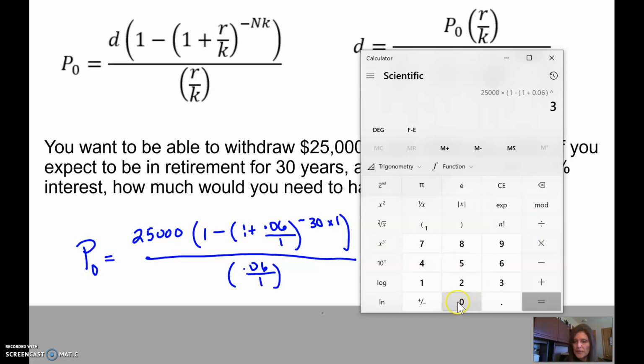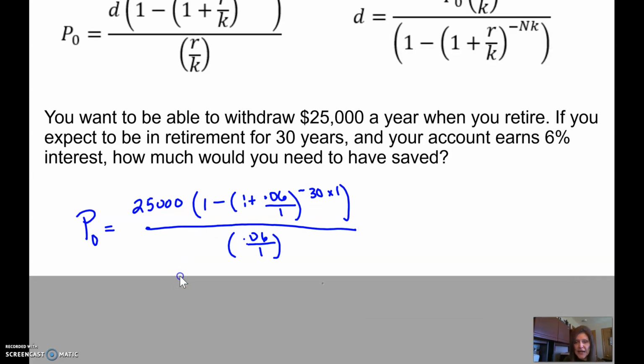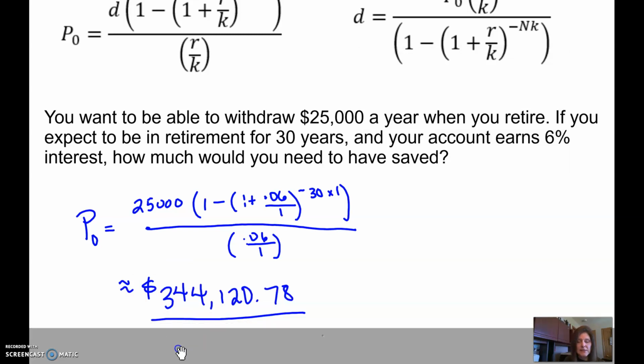So 30, make sure I make it negative. Okay, and then close my numerator and then divide that by 0.06. And we're coming up with about $344,120.78. That's how much we have to have saved so that each year we can pull out $25,000.